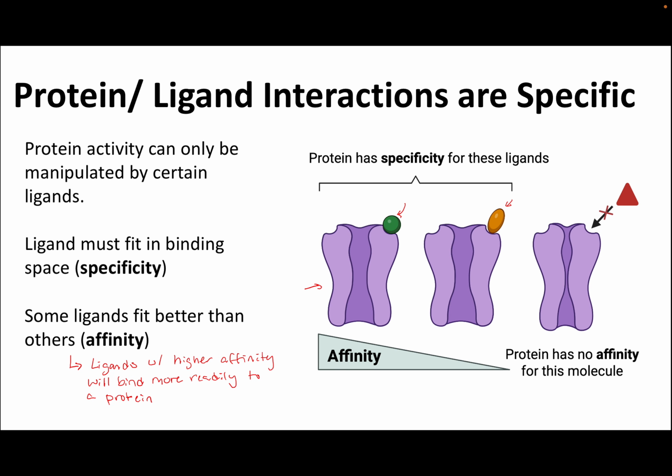And so if both sets of jeans are available in the drawer, I'm going to have a tendency to pick out the bigger size because they're more comfortable, okay? And they have a better fit to my body. Similarly, if we have equal quantities of two ligands, the one with the higher affinity is going to have the higher rate of binding to our protein compared to the ligand with the lower affinity.